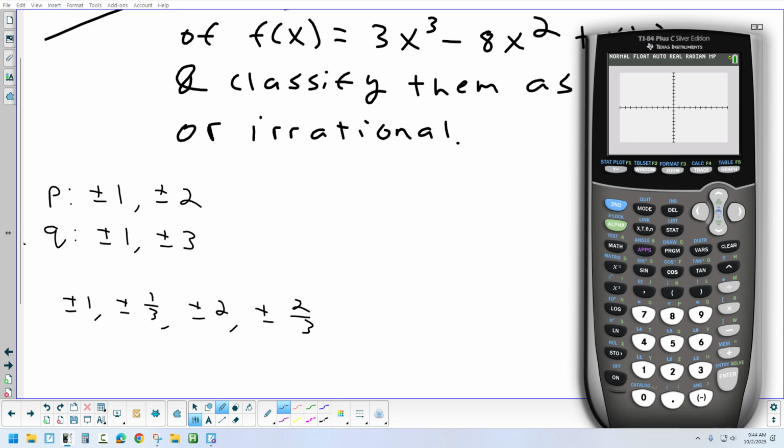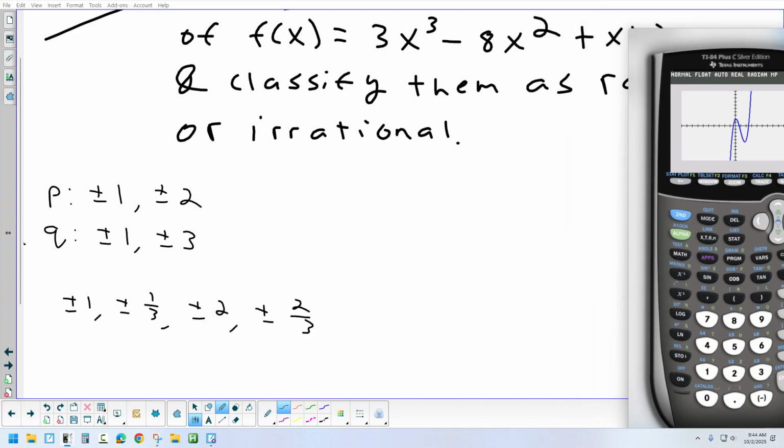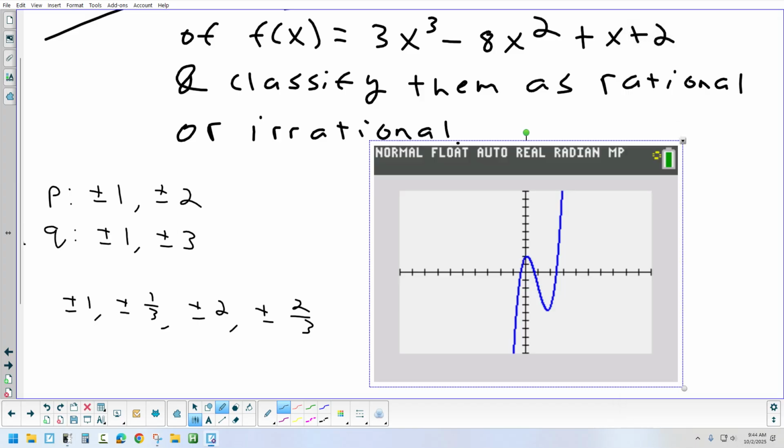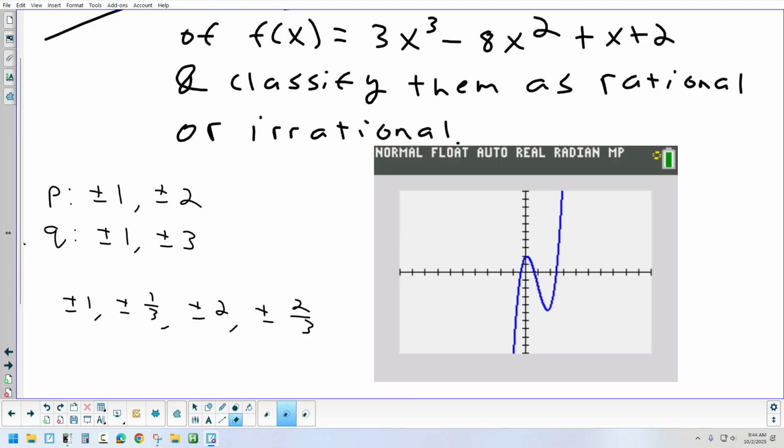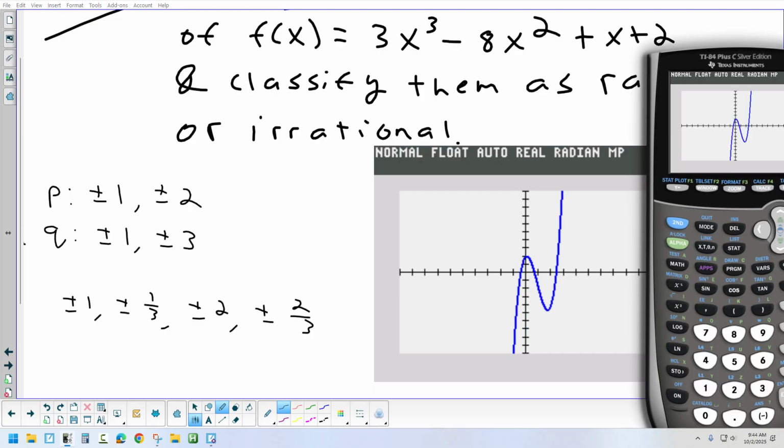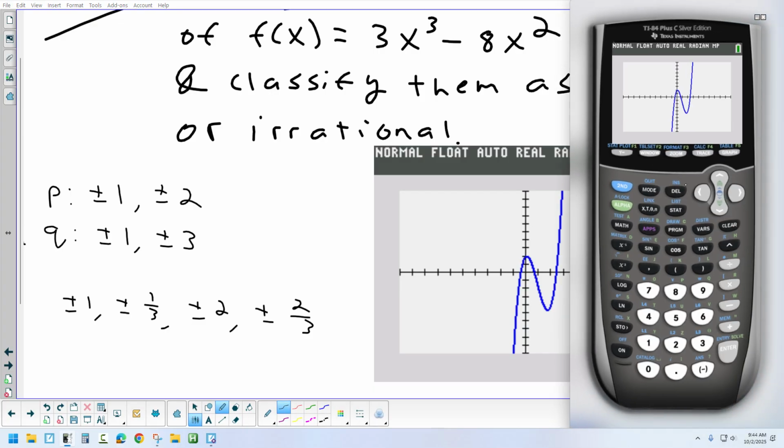And we're looking for hopefully a number in that list for a root. Which number in that list looks like it could be a root? Yep, -1/3. I would say it could be.